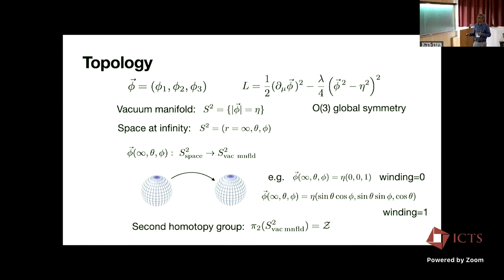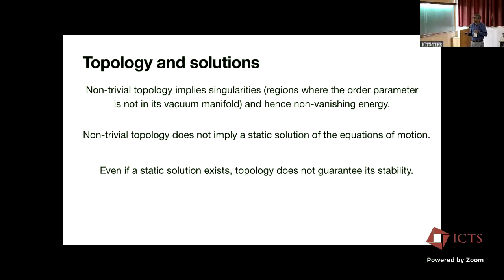The other thing to note is that in terms of symmetry, this Lagrangian has an O(3) global symmetry, which means that you can do a rotation of the vector phi, and you will get the same thing. So that's the symmetry. One cautionary remark I want to make is that if you have non-trivial topology, it implies that there are certain singularities.